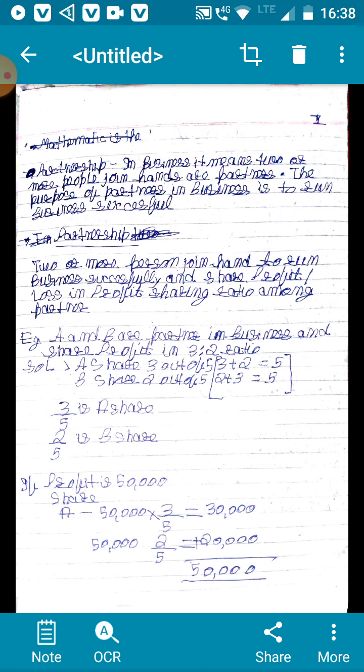In business, partnership means two or more persons join and are good partners.